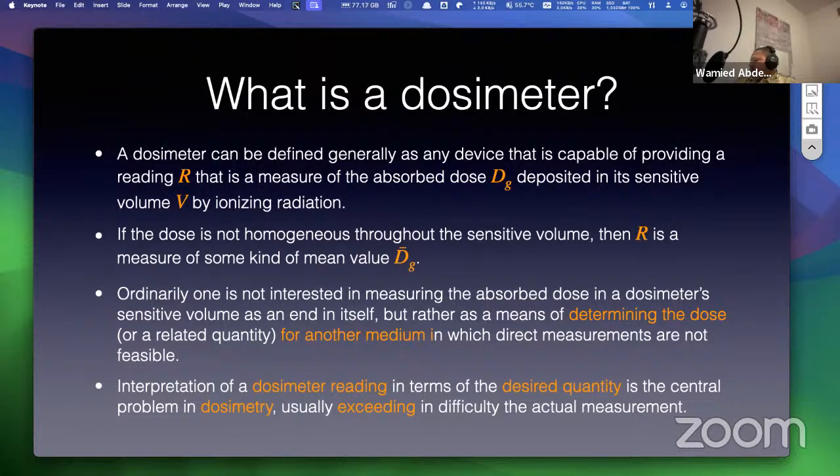So we looked at some examples, for example, the use of cavity theories, to relate the dose in the dosimeter volume to the dose in the medium of interest.